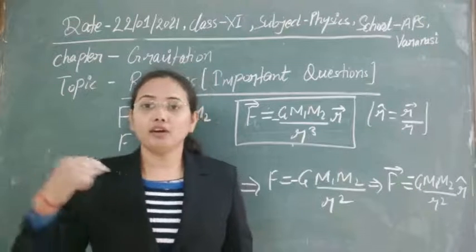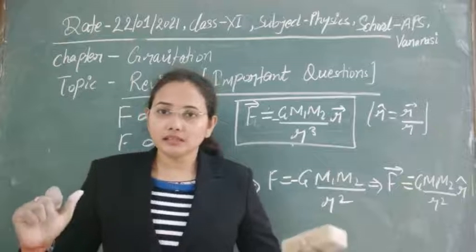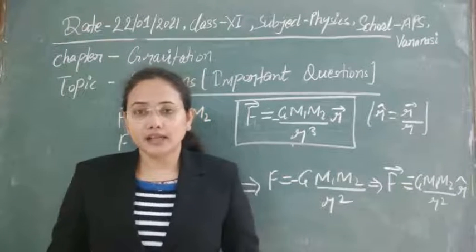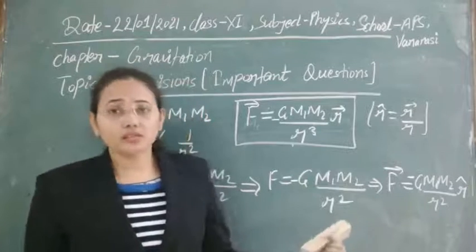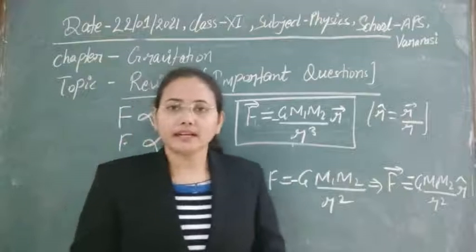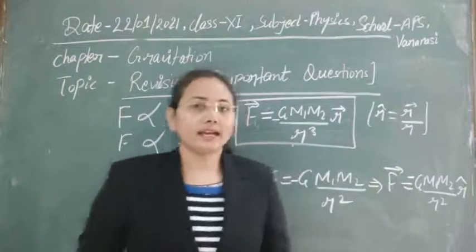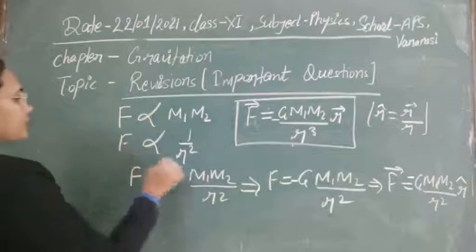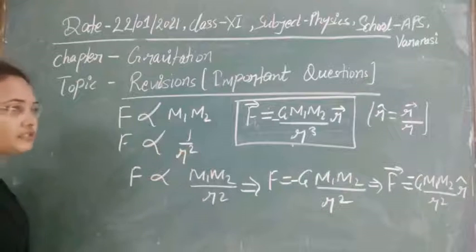Like our earth is revolving around the sun, that is always due to the attractive force acting between earth and sun. So the first property is that gravitational force will always be attractive in nature. Second thing that we see is that this gravitational force is inversely proportional to the square of the distance between them.